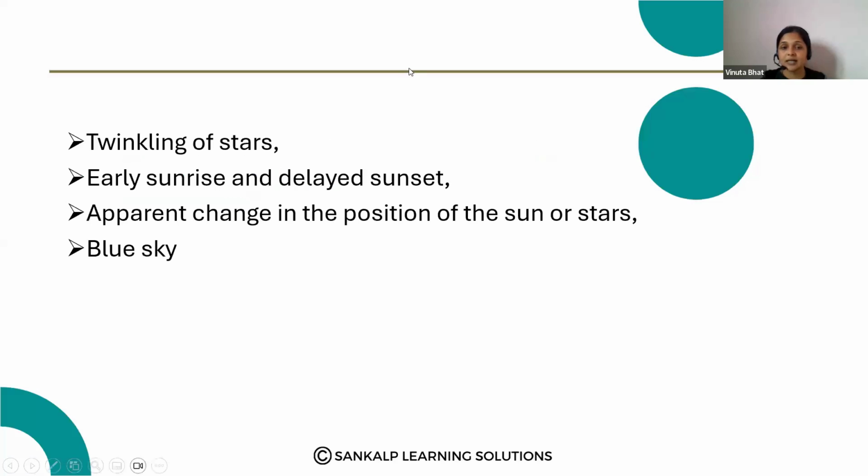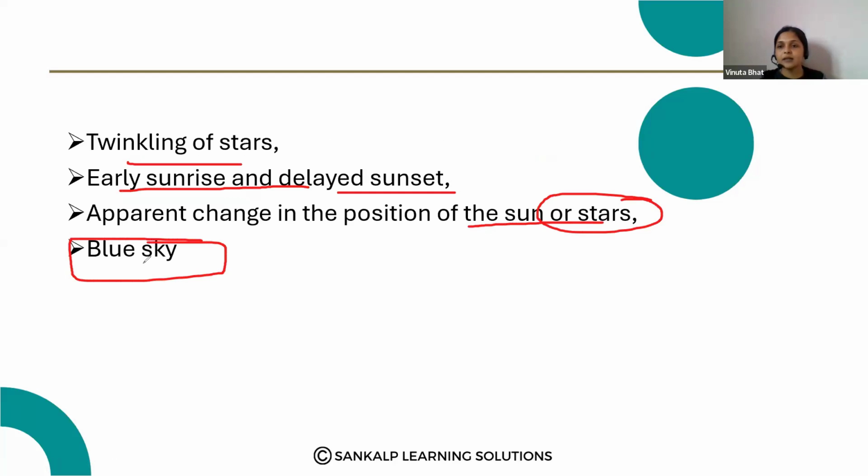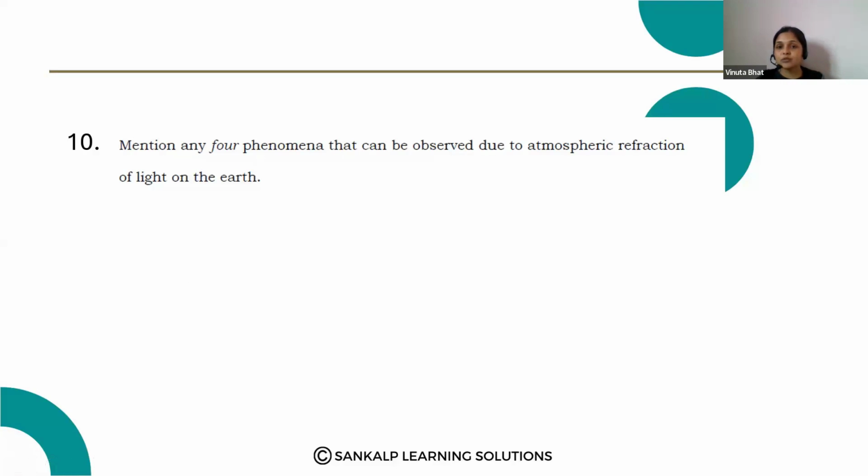Twinkling of the stars, early sunrise and delayed sunset, and apparent change in the position of the sun or the stars, they will not appear in the exact position. And the blue color of the sky when the sky is clear. So these all are the phenomena that are observed due to atmospheric refraction.